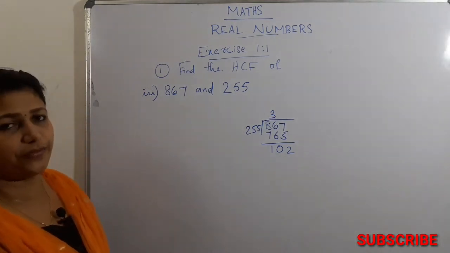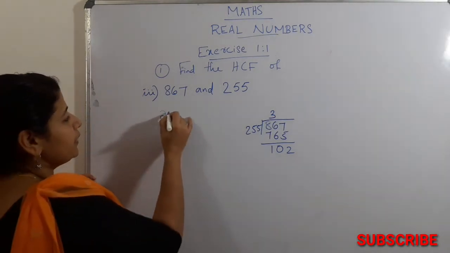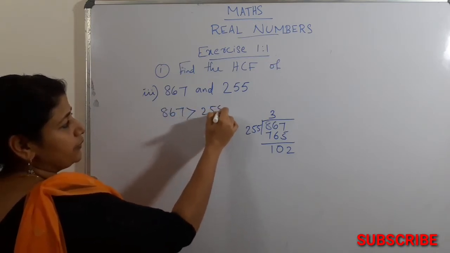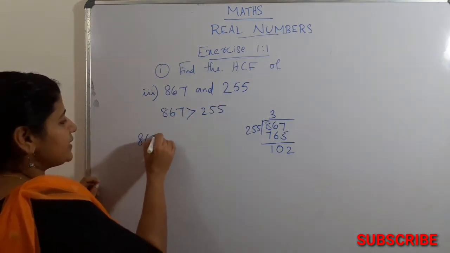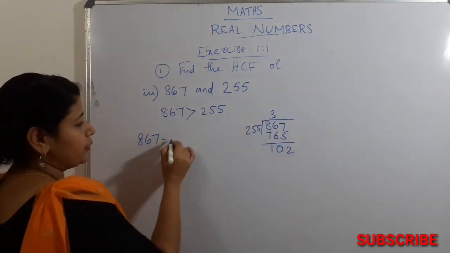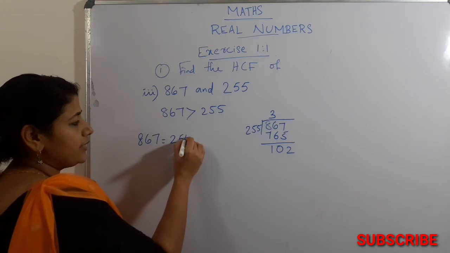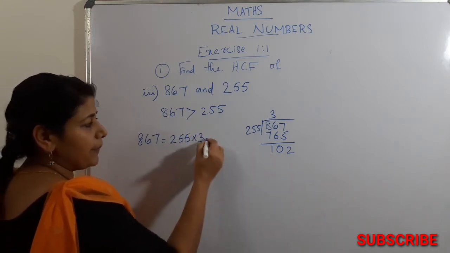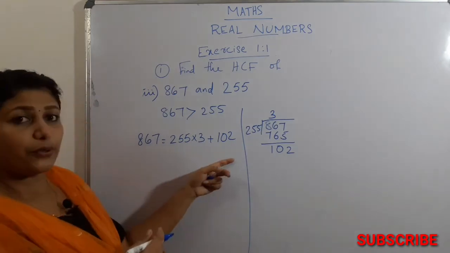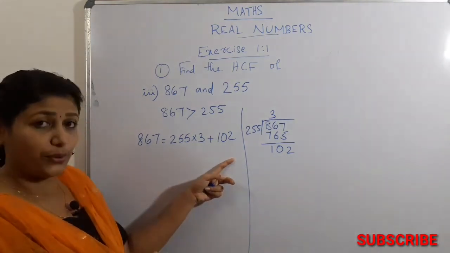Got it. Next question: 867 and 255. Here 867 is greater than 255. So we can write 867 as 255 into 3 plus 102. Here the remainder is 102, which is not equal to 0.